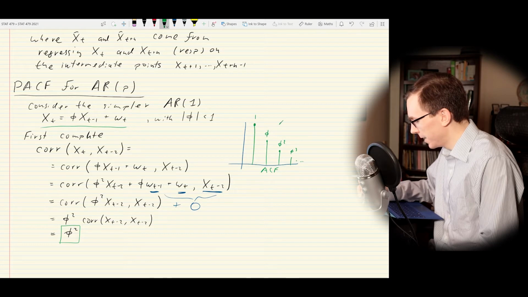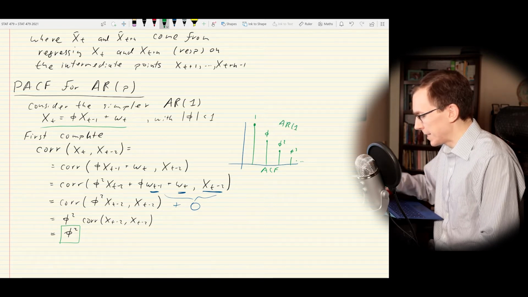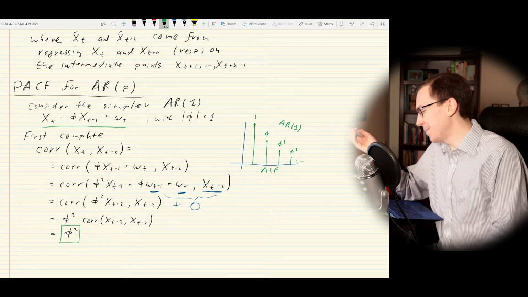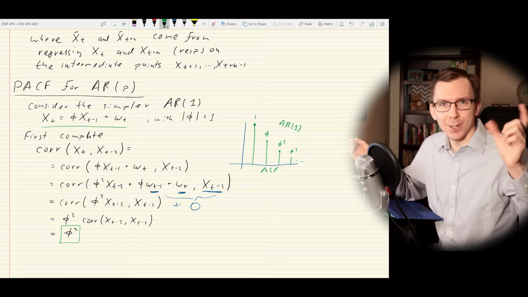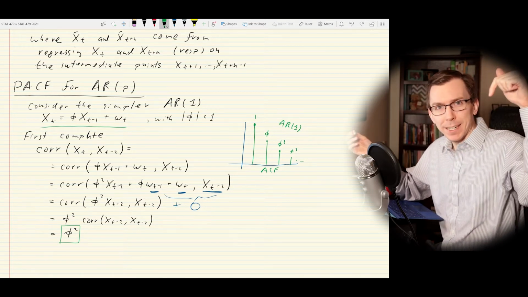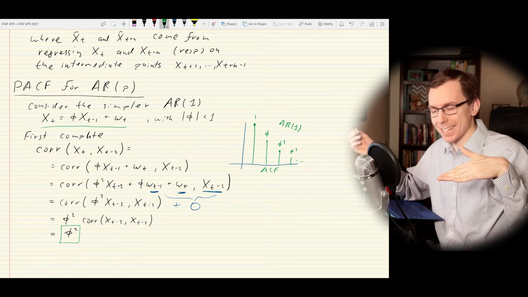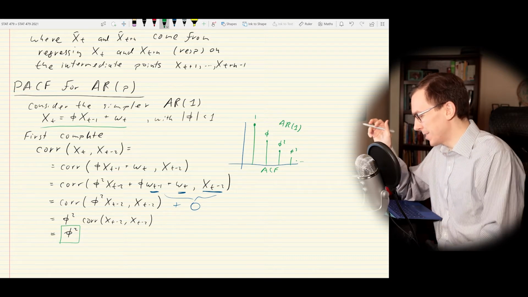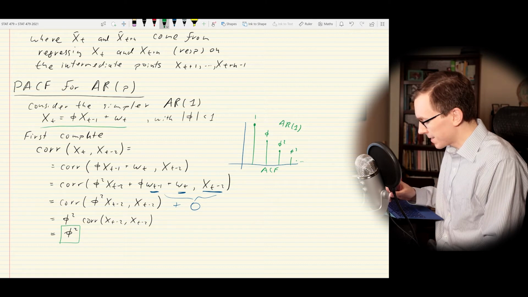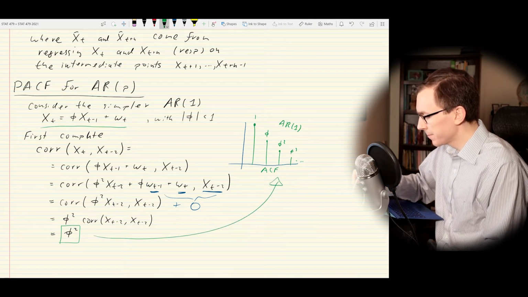This is for the AR1, and specifically when phi is a positive number less than 1, because otherwise there'd be this alternating bit where all of the odd lags would have a spike below the horizontal axis, but it's just easier to draw it this way. So yeah, this coincides with what I mentioned last time.